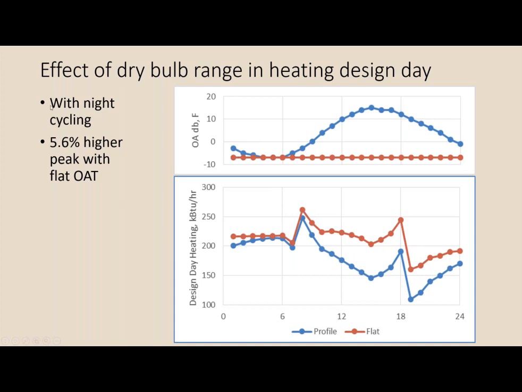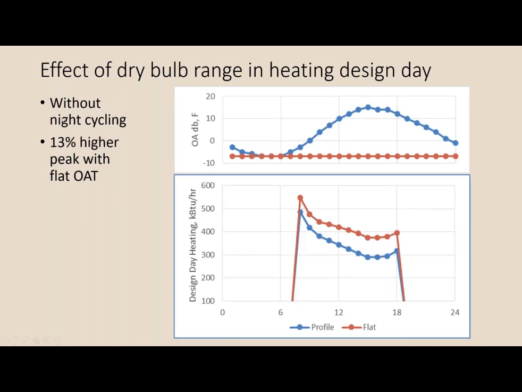This particular case has the fan cycling on at night, so it's maintaining some kind of a setback temperature at night. I ran the same building without night cycling, so the space can get pretty cold at night. And in that case, it was about 13% higher peak with the flat outside air temperature.